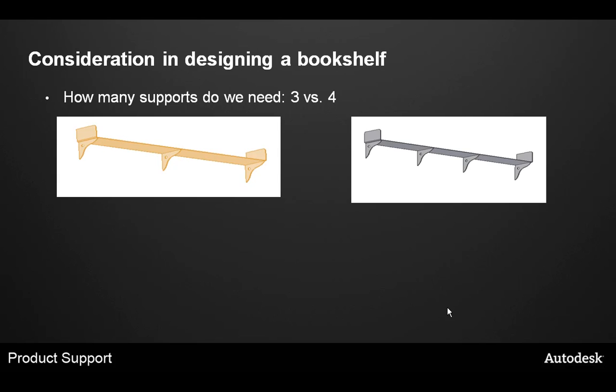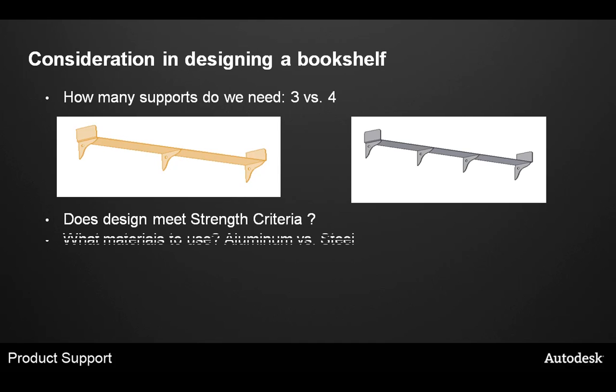Let's concentrate on the bookshelf example. So here is a very simple bookshelf which you see on the left side has a design with 3 supports, and on the right side I have 4 supports. Which one is better if I want to use this bookshelf for a series of books with a known weight? Well, one of the first things to ask ourselves is what material could we use?